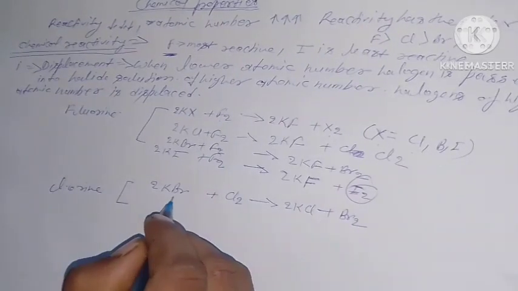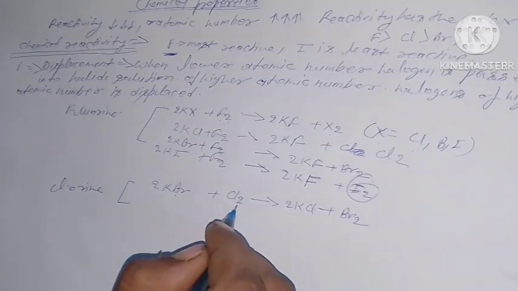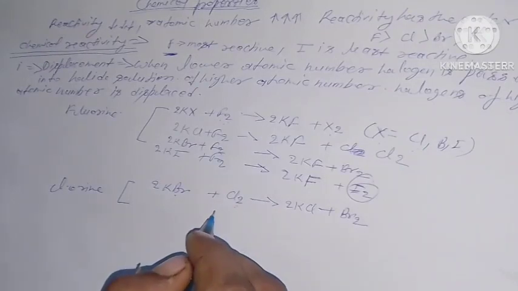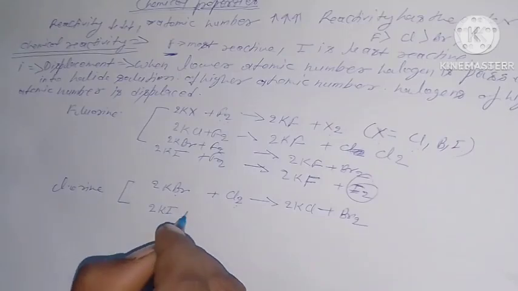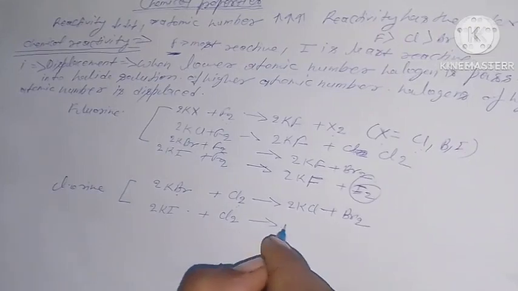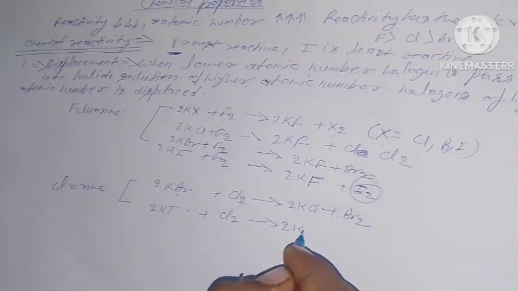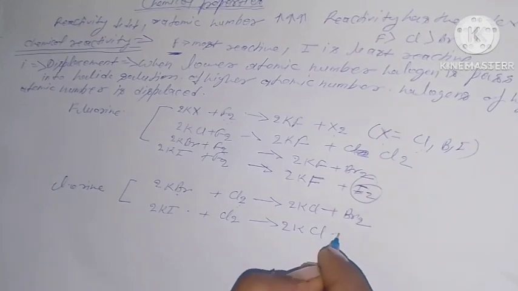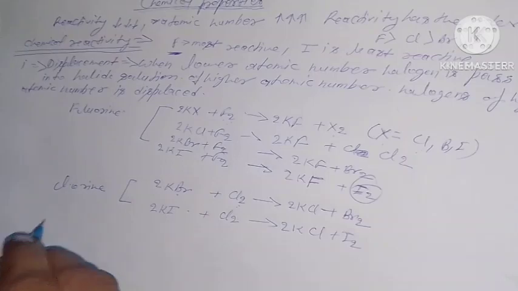Bromine is replaced by chlorine. And 2KI, potassium iodide, plus Cl2 gives 2KCl plus I2.